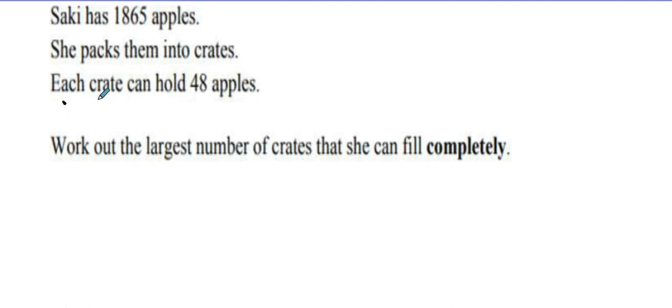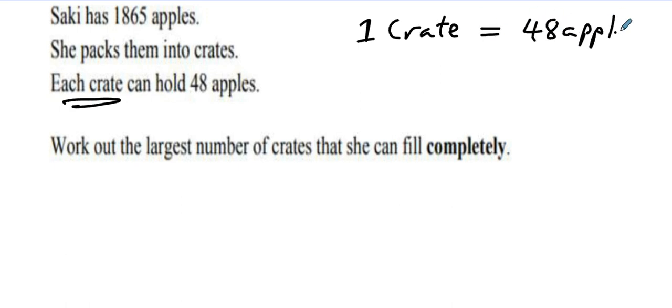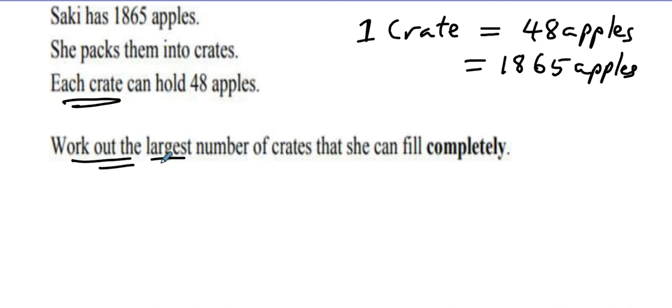So that means one crate can hold 48 apples. And Saki has 1865 apples. So the question is, work out the largest number of crates that she can fill completely.